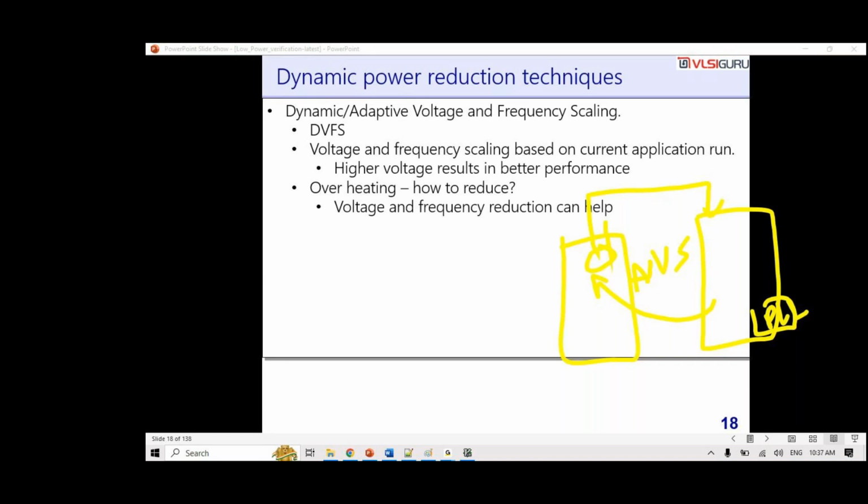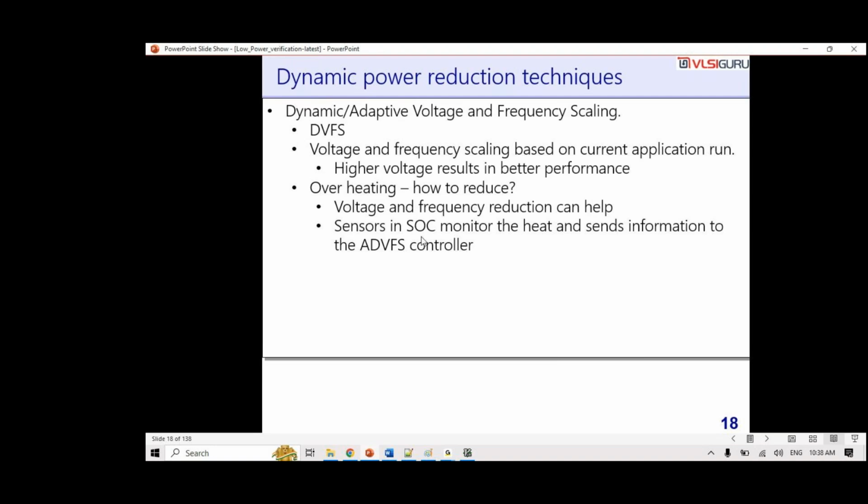So essentially, to reduce the voltage, we give an indication to the PMIC, which sends a scaled down voltage. As you reduce the voltage and the frequency, the power consumed is automatically reduced, and that leads to automatic lowering of the temperature. That is what essentially happens in your mobile and laptop when it gets overheated.